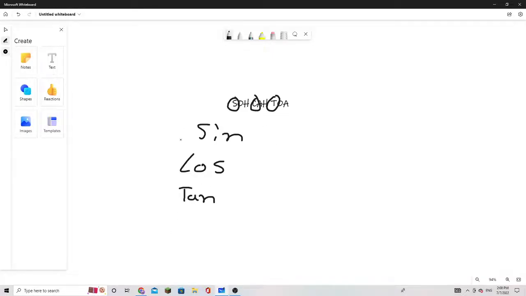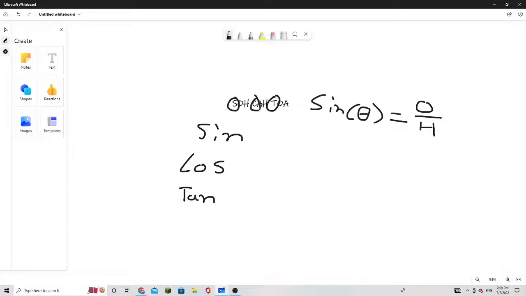And now, basically, what these 3 mean is, a sine of something. So we're just going to use theta to represent this. Theta is basically just x, an unknown variable, or just like an unknown angle. So sine of theta is equal to the opposite over the hypotenuse, as in the acronym SOH. Sine, opposite over hypotenuse.